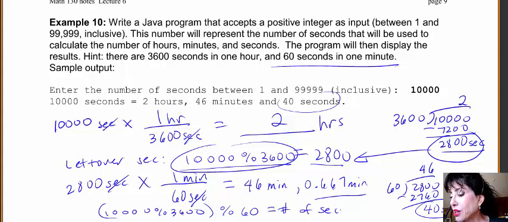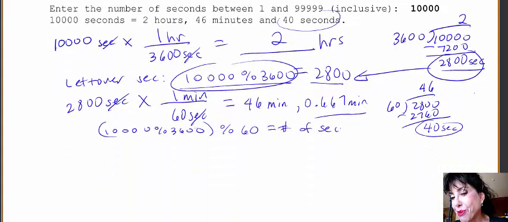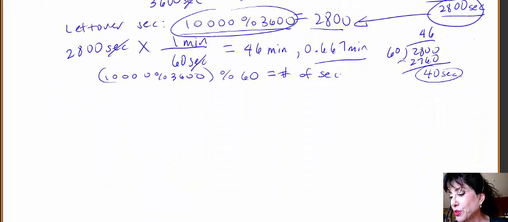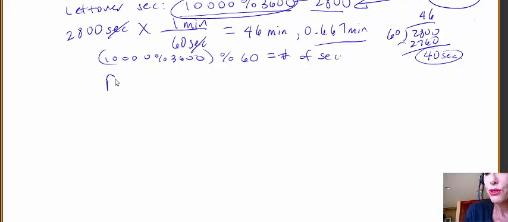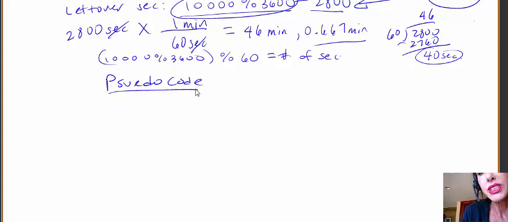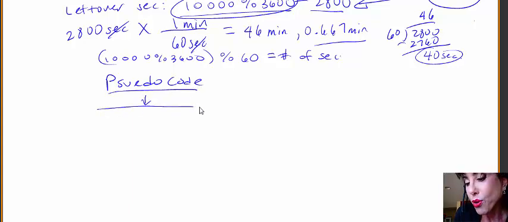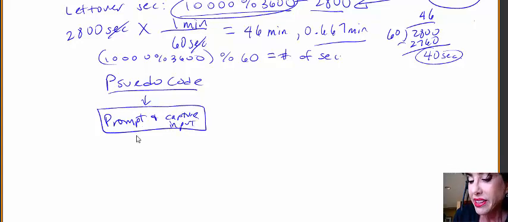So before we write down the program, let's do some pseudocode. The pseudocode for this program, to match the specs here, we first need to start by prompting and capturing the input. So I'm going to put prompt and capture input as the first module, or chunk of code, if you will. The next thing we're going to need to do is calculate the number of hours.